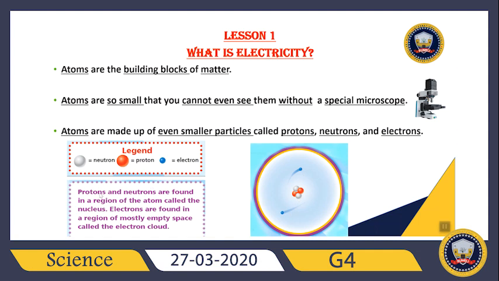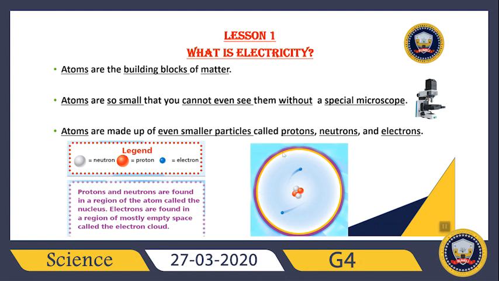Protons and neutrons are found in a region of the atom called the nucleus. While the electrons, the blue ones, are found in a region of mostly empty space.